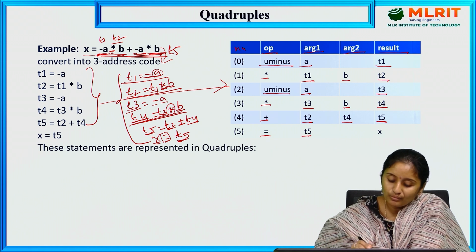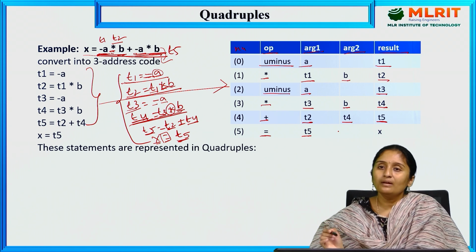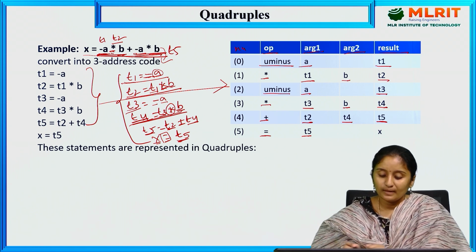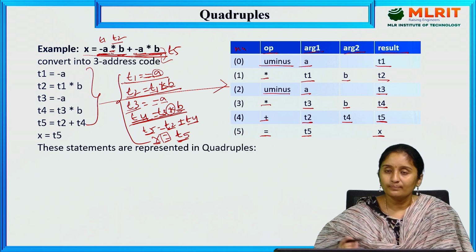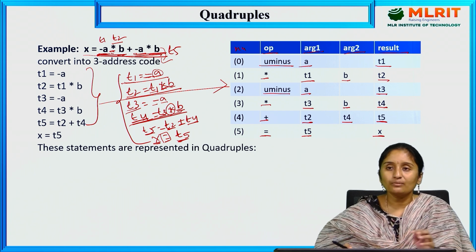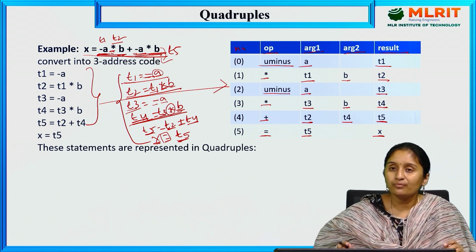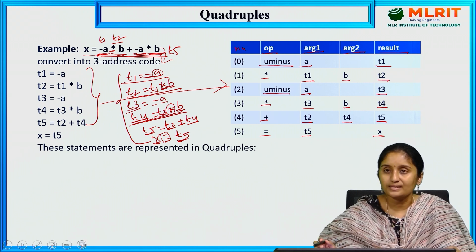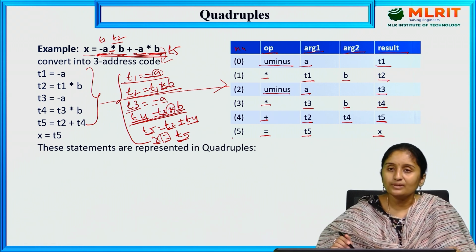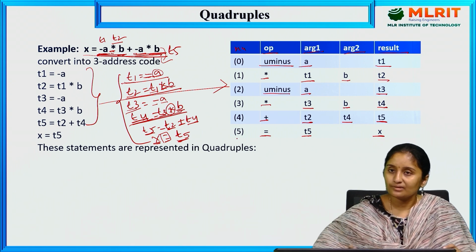No argument 2; if no argument 2 is available, just keep it as empty. Then the result is stored in X. So this is about the quadruples. Quadruples consist of 4 fields: operator, argument 1, argument 2, result. And the numbers I have mentioned show how many statements there are.